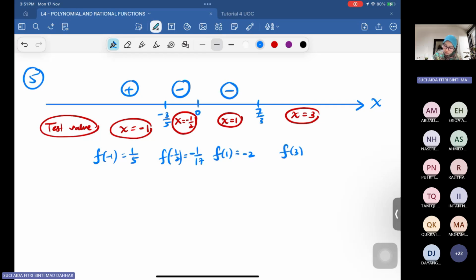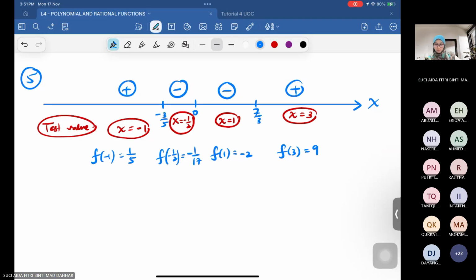And then f of 3 here, change x to 3. I've got positive 9 here. Okay, let's just double check again the sign.